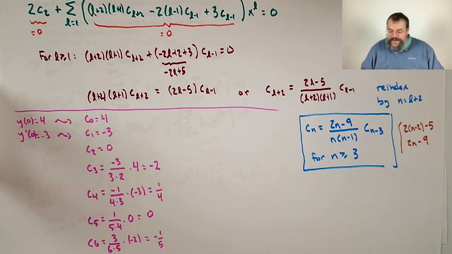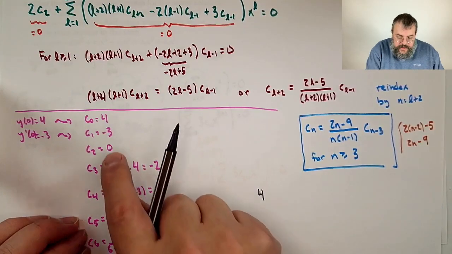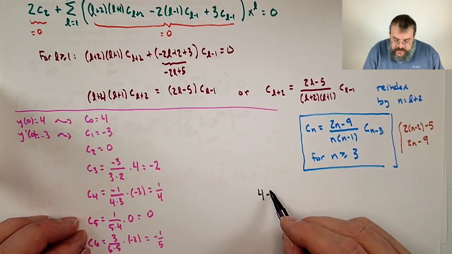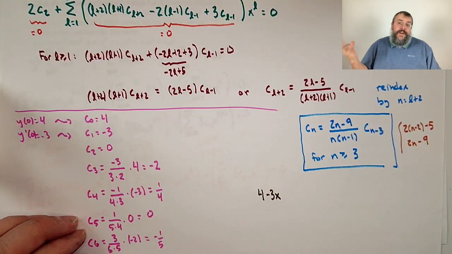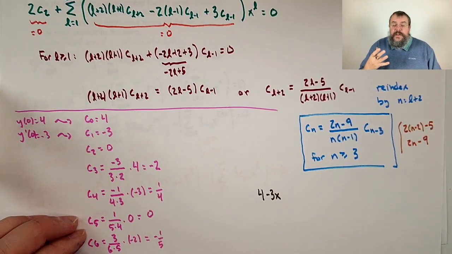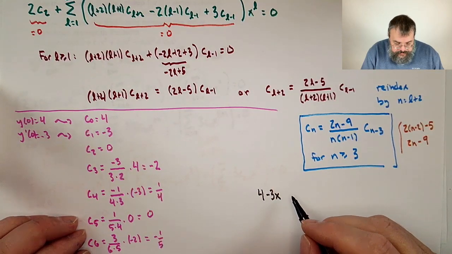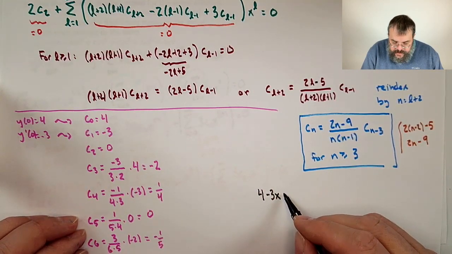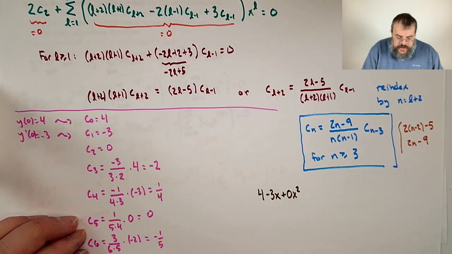All right, great. So the last thing is to write our answer like they told us to. So it's C0, 4, and then C1 x, so minus 3x, C2 x squared. We could write 0x squared or just not even write it. Well, let's go ahead and write it just so that nobody doubts that we did the computation.